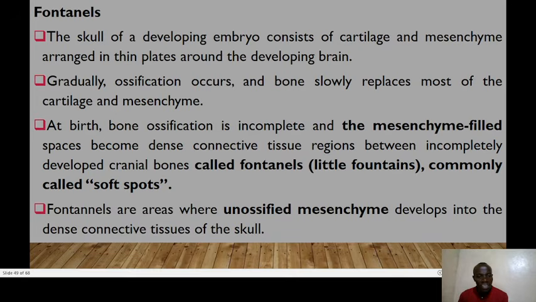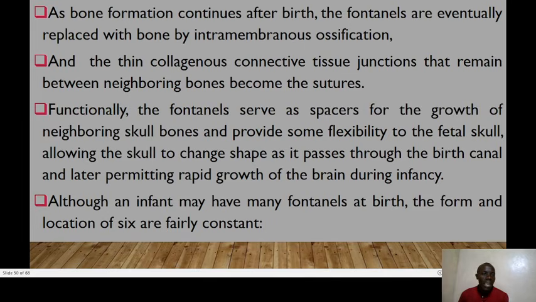Fontanelles are areas where an ossified mesenchyme develops into the dense connective tissue of the skull. As bone formation continues after birth, the fontanelles are eventually replaced with bone by intramembranous ossification. And the thin collagenous connective tissue junctions that remain between neighboring bones become sutures.